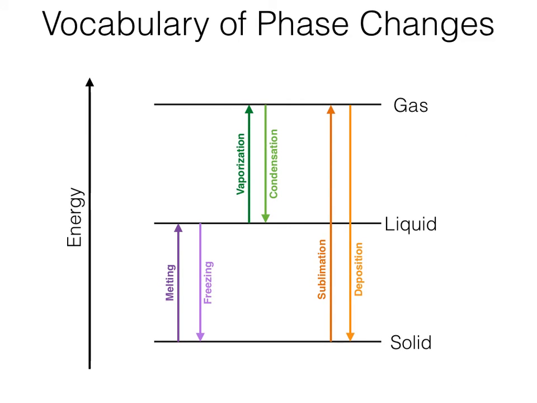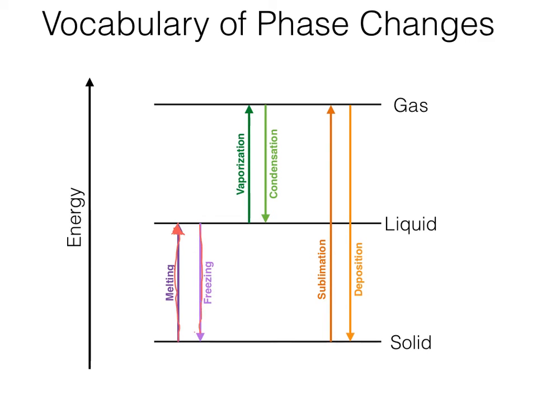Okay, so now some more vocabulary. If we go from a solid to a liquid, to do that, we had to add energy. That is an endothermic process. And this is what we call melting.